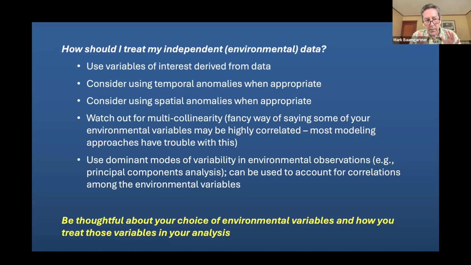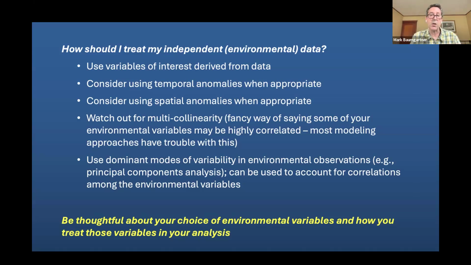One nice, clever way, although not always productive, is to figure out what are the dominant modes of variability in my study area. And there are tools to do that from the physical oceanographic community. One is principal components analysis. You could take all your environmental variables, do a principal components analysis, and build your model based on the principal components that come out of that analysis.